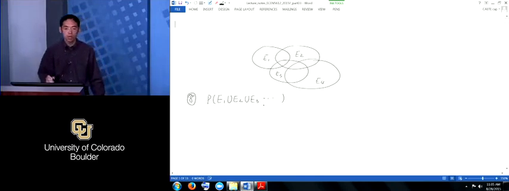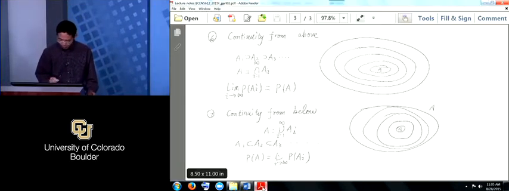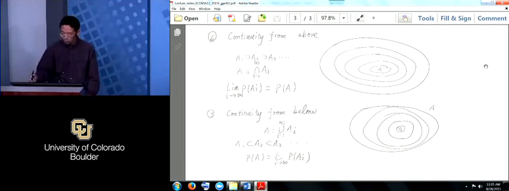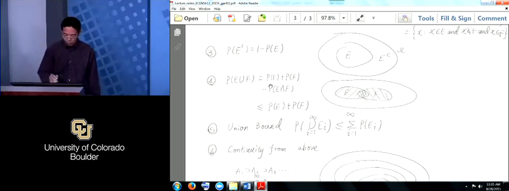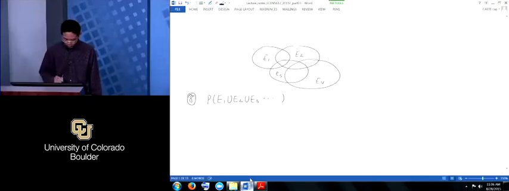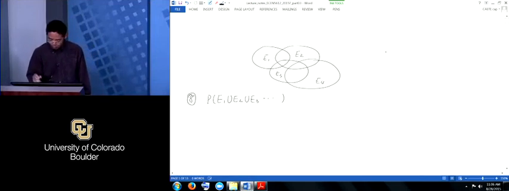What happens if you need to calculate the union of all the sets? Okay. And if you recall this one, this formula is summation minus its intersection. Okay. So if we have 3 events, let's look at the 3 events example first.